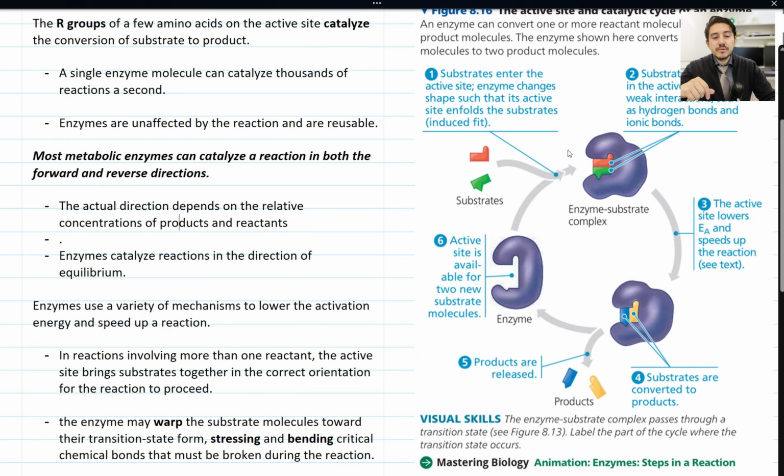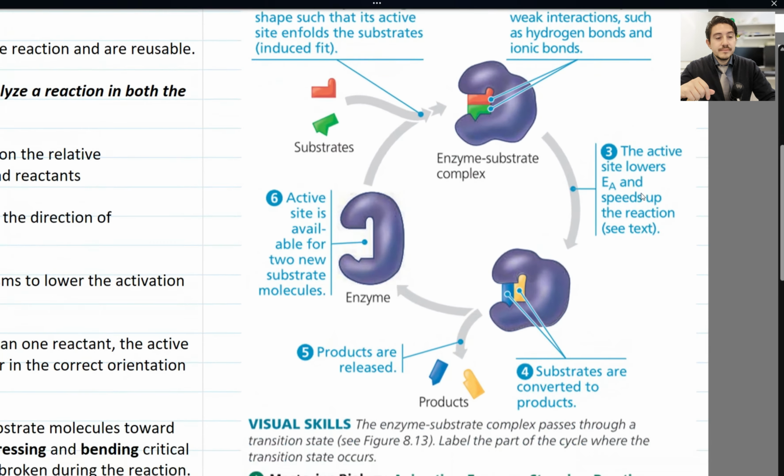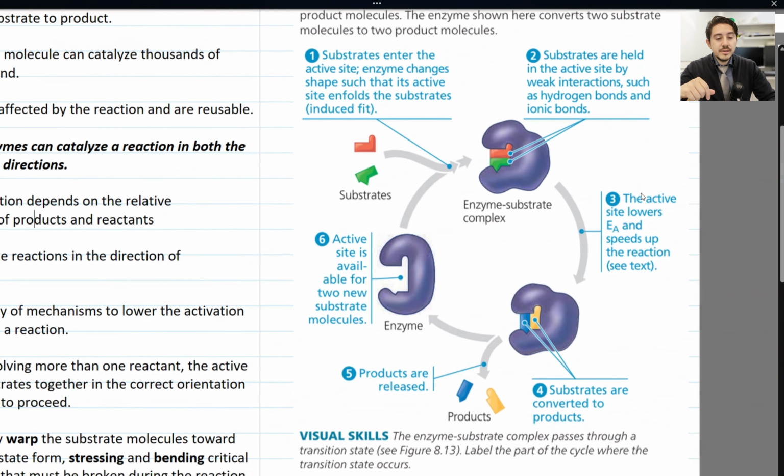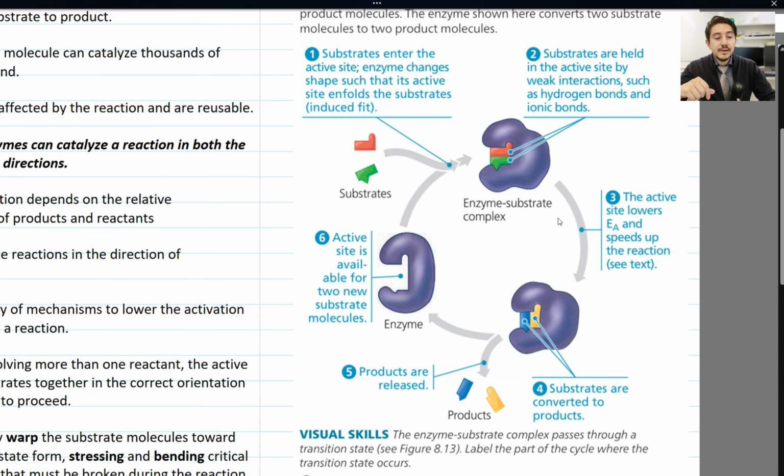And this is essentially what I'm talking about here. You have these two substrates. You can have more than one substrate working together. They come into that active site. The enzyme, initially looking like this, can come in and alter its shape a little. That's the induced fit situation.